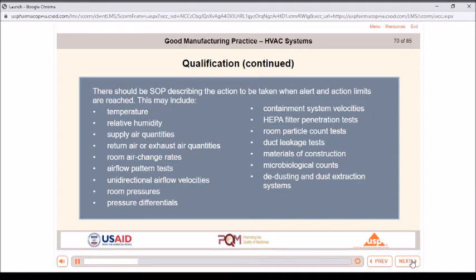This may include temperature, relative humidity, supply air quantities, return air or exhaust air quantities, room air change rates, airflow pattern tests, unidirectional airflow velocities, room pressures, pressure differentials, containment system velocities, HEPA filter penetration tests, room particle count tests, duct leakage tests, materials of construction, microbiological counts, dedusting and dust extraction systems.